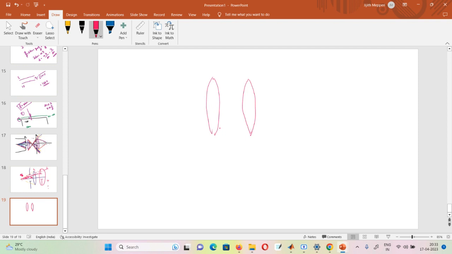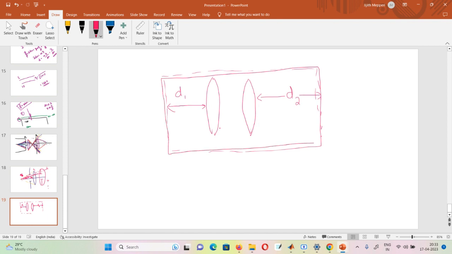Now you are defining two distances, d1 and d2, and you are saying that if you define this d1 and d2, based on the properties of your system, this d1 d2 combination can act as a thin lens approximation of your system.